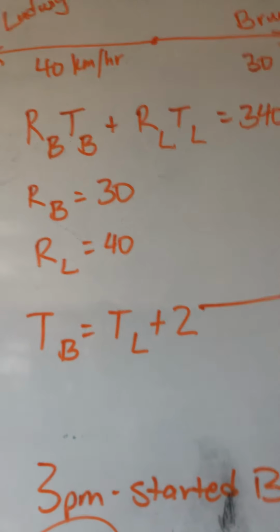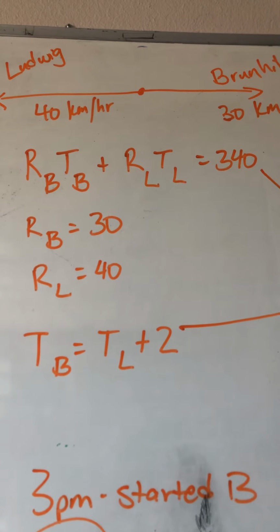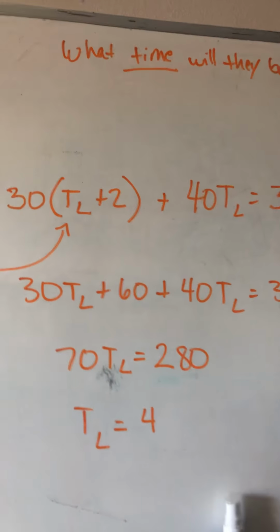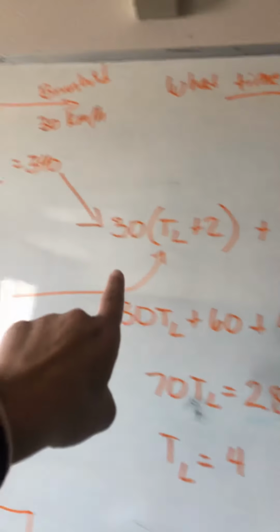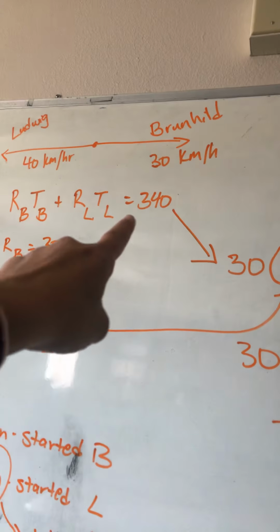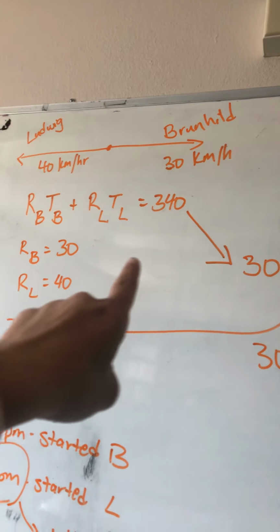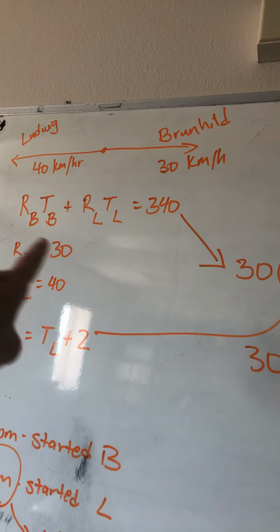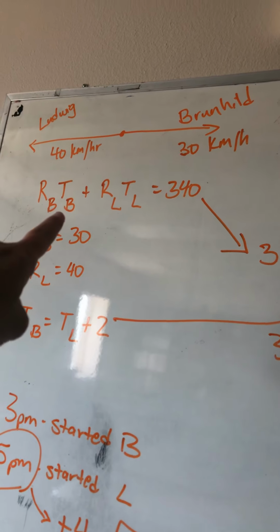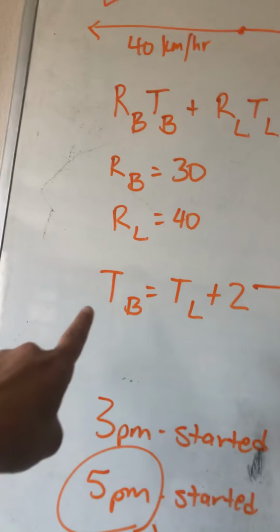So we take all of that information and we're going to translate it over here into this equation that says, this is what we started with. Our distance plus our distance equals the 340 distance. So we can replace our rate of Brunhild with 30, and we can replace our time of Brunhild with this equation here.